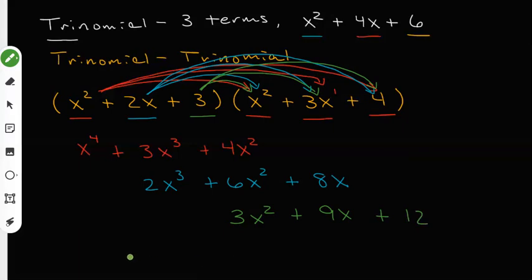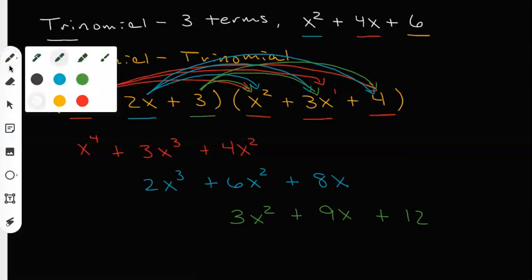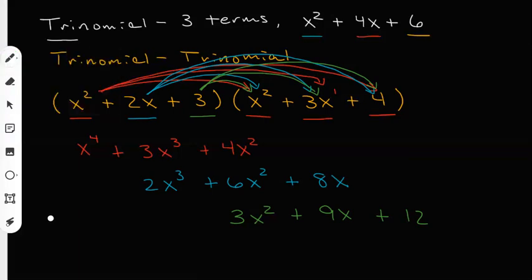Okay, so what you'll notice is I have 3 rows of polynomials, right? I've got 3 rows of 3 terms up here, in the middle, and at the bottom. And I made sure to put the x cubes together, the x squareds all together, and the x's all together, because now we're going to start adding everything up.